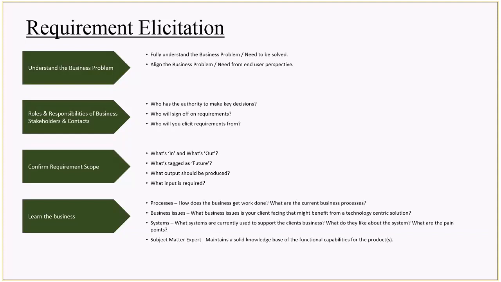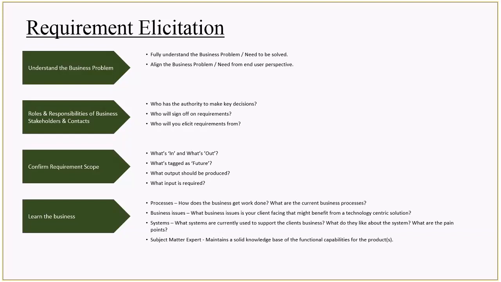To understand a business problem, you should fully understand the current business issues, think of solving those issues and come up with solutions, and align the business problem and need with the end users' perspective.